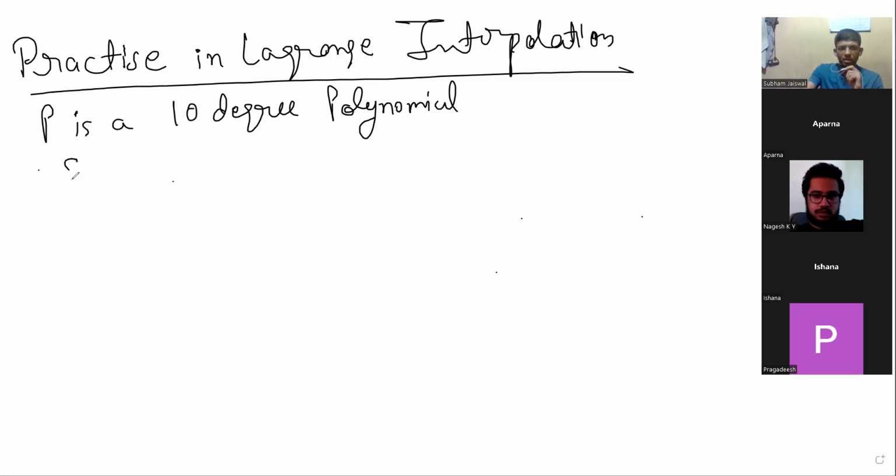A 10-degree polynomial such that P of k is equal to one by k for k equal to 1, 2 till 10.